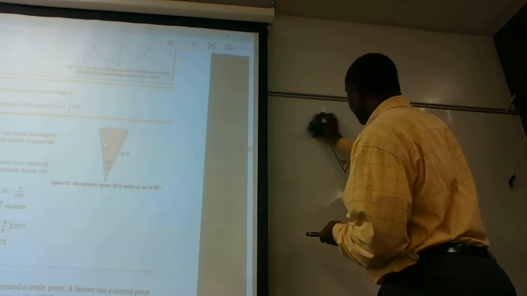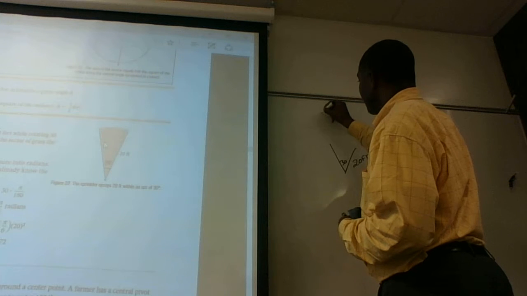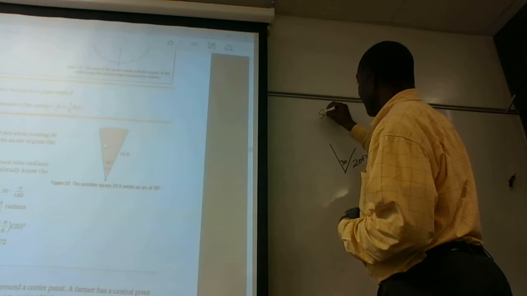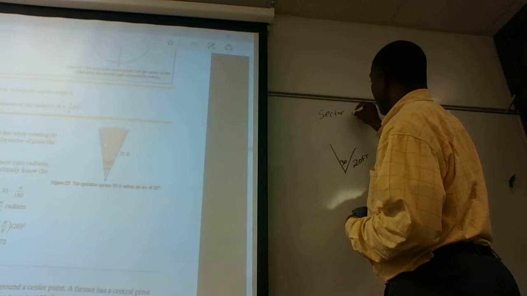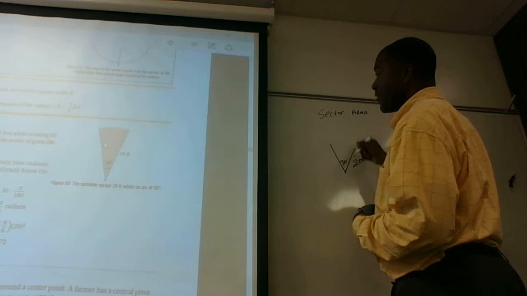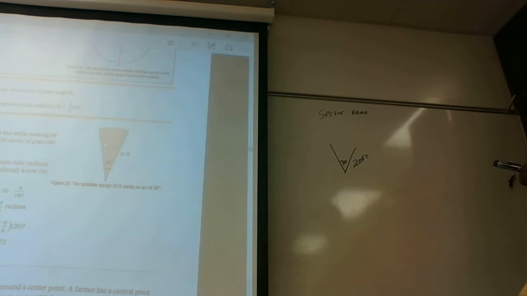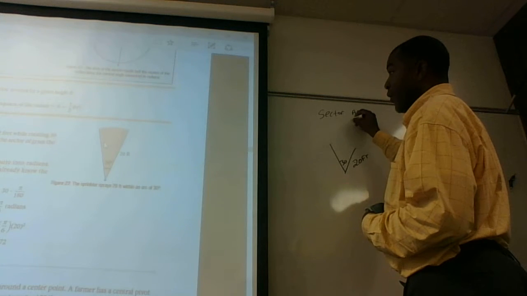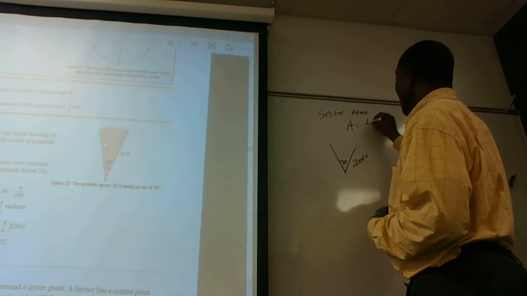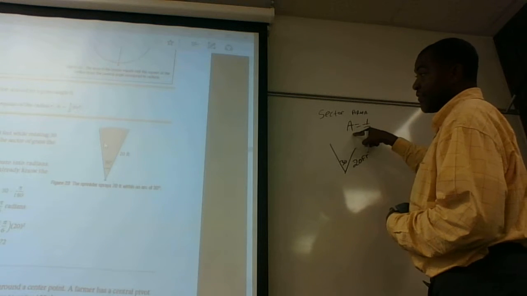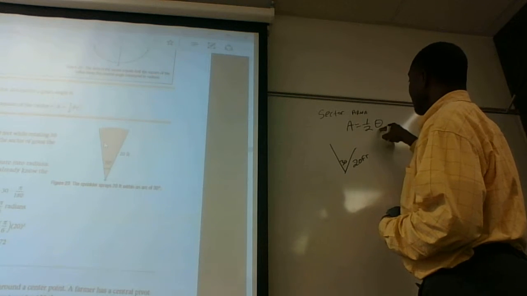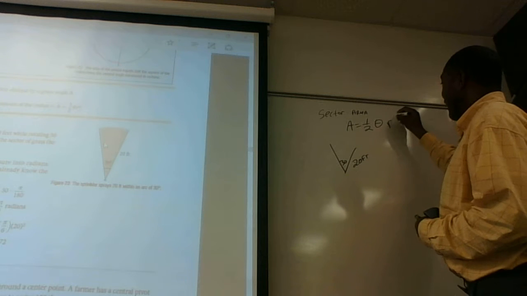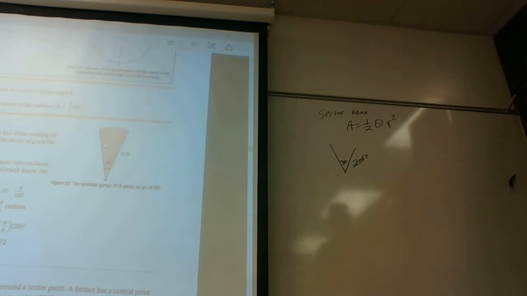So this is my area, the sector area. Area is going to be in square units. So the sector area is equal to 1/2, and I use a capital A instead of the S, theta, which is measured again in radians, times R squared. 1/2 theta R squared.